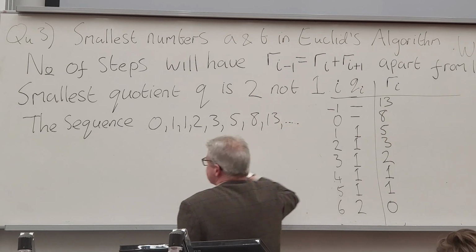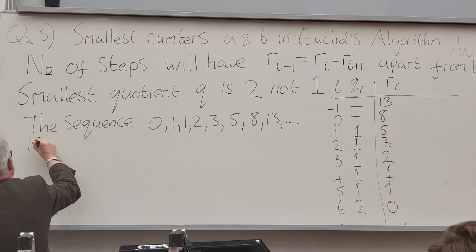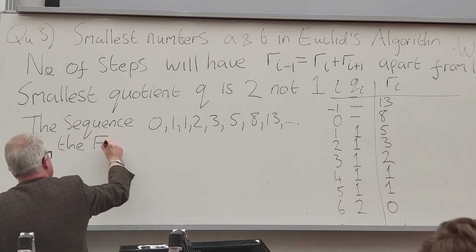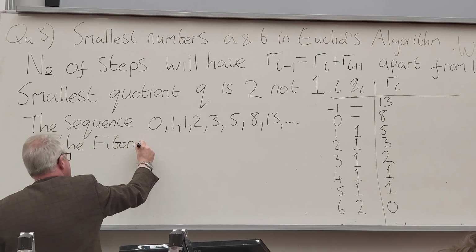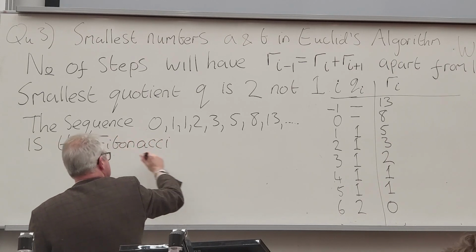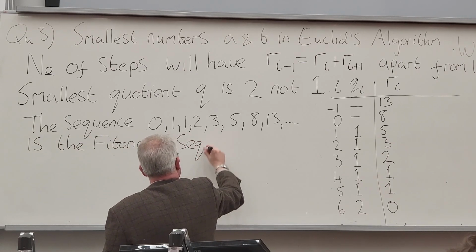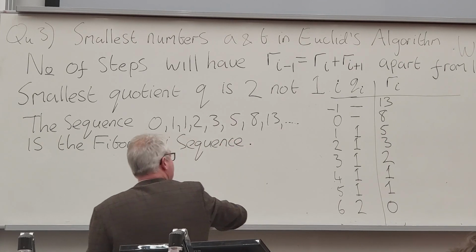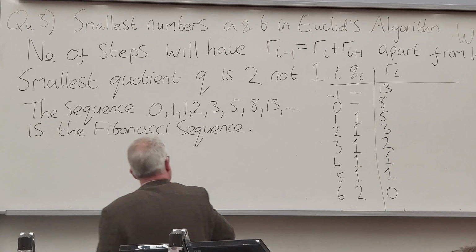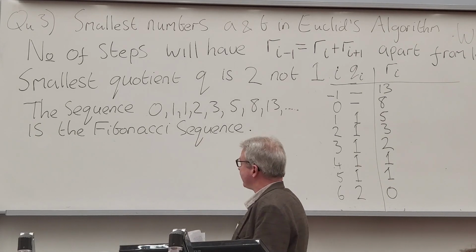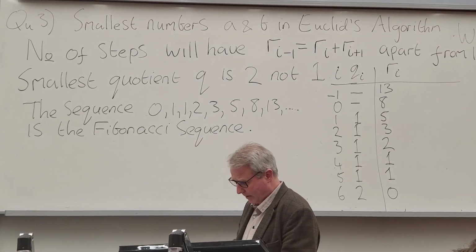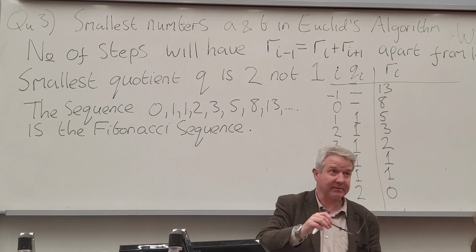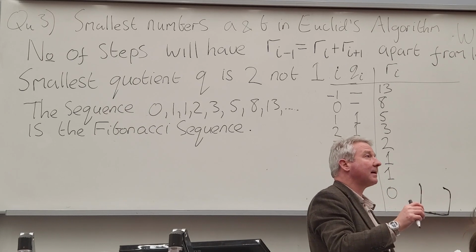So what should we go down to? Minus 1, 0, 1, 2, 3, 4, 5, 6. Let's go down to 6 because I've run out of board. And those two don't have a Q_i. And then we're saying they're all going to be 1. And I'm stopping at 6. The last one has to be 2.